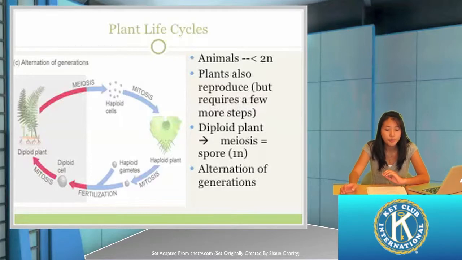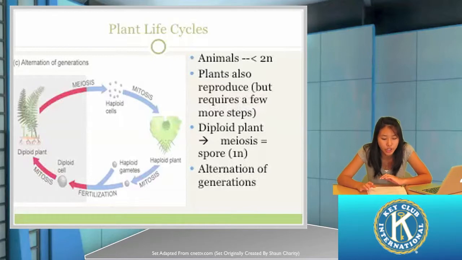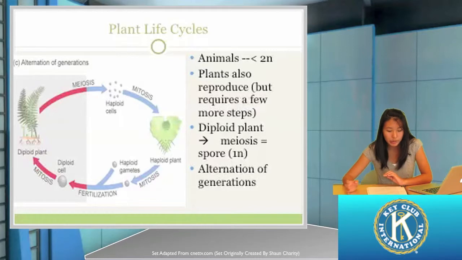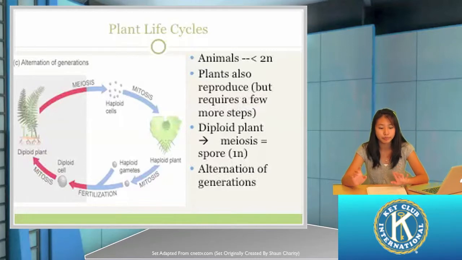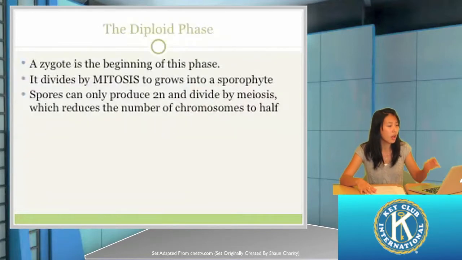The life cycle that alternates between a diploid phase and a haploid phase is called the alternation of generations. Basically, a plant's diploid plant body produces spores through meiosis, and a spore develops into a haploid plant body. But you'll see that soon.